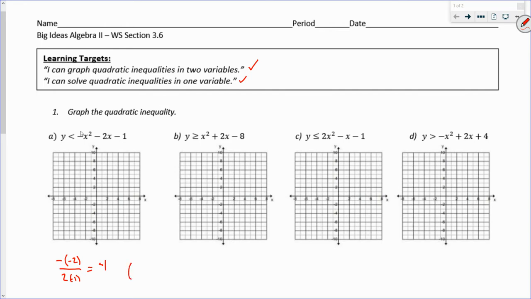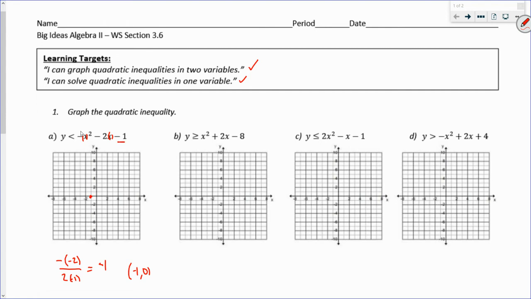So our vertex is going to be at negative 1, comma, and I'm going to plug it back in up here. Negative 1 squared minus 2 times negative 1 minus 1 equals 0. So it looks like our vertex is going to be at negative 1, 0.